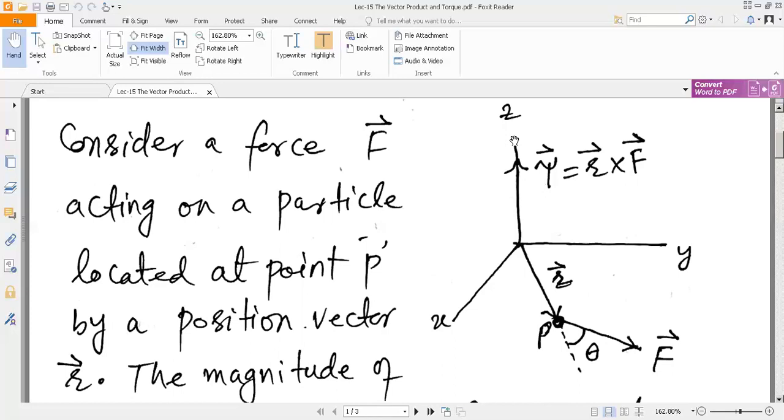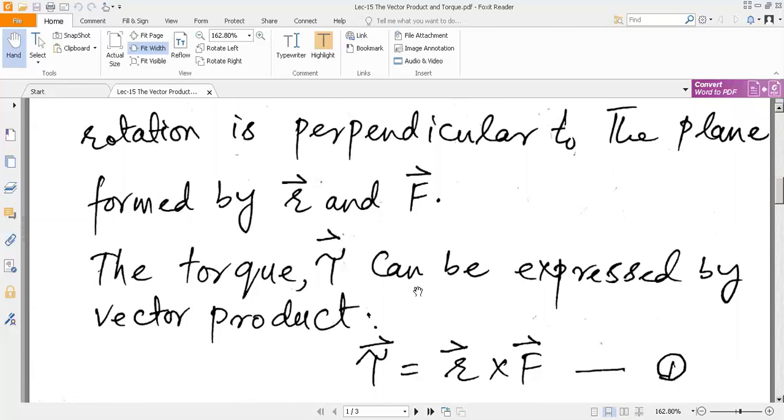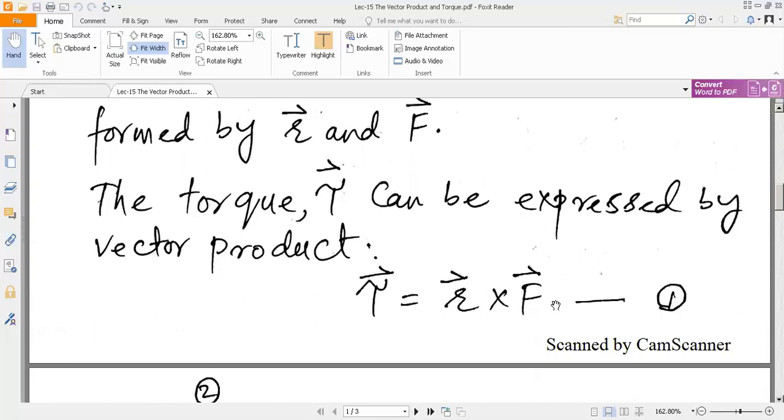If the rotation about the axis is in clockwise mode, then the direction of torque will be along the negative z-axis. In both cases, the direction of torque remains perpendicular to the plane, which is the xy plane, in which the r vector and f vector are lying. The torque can be expressed by this vector product tau equal to r cross f. We say that this is our equation number 1.